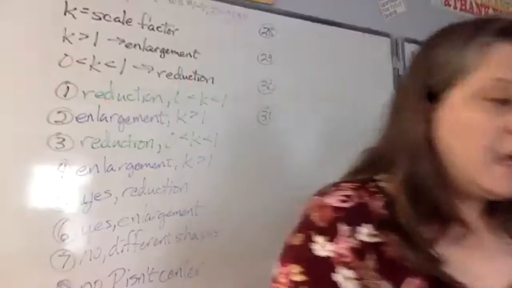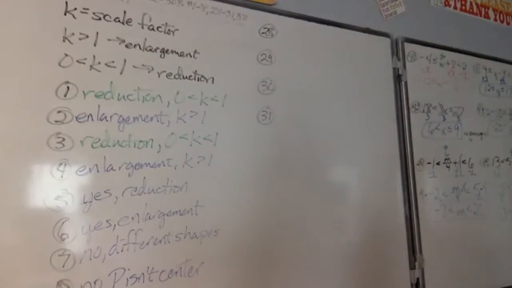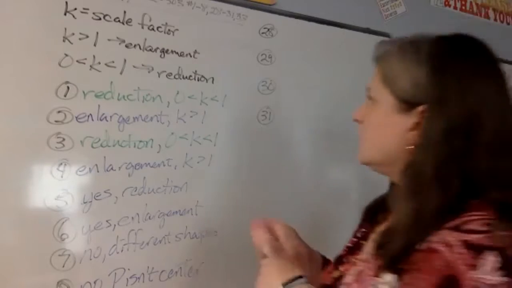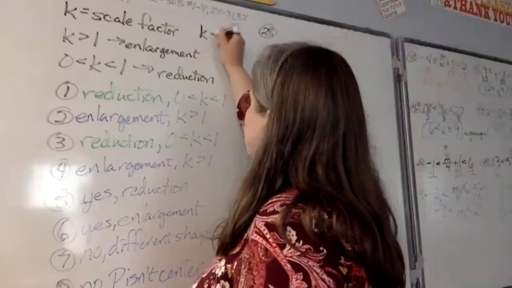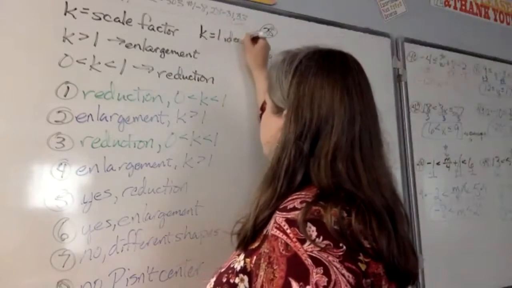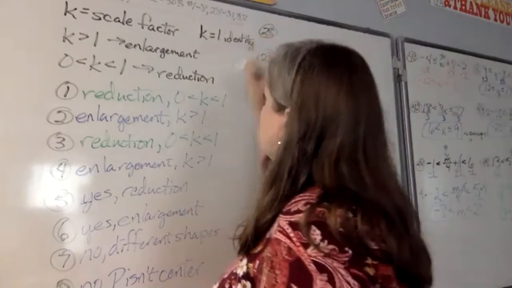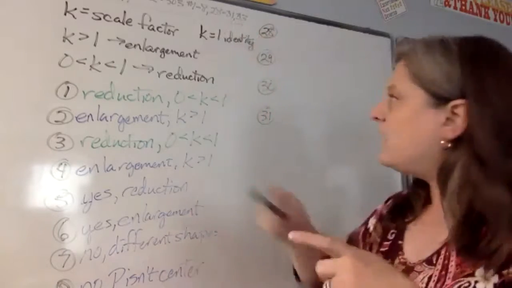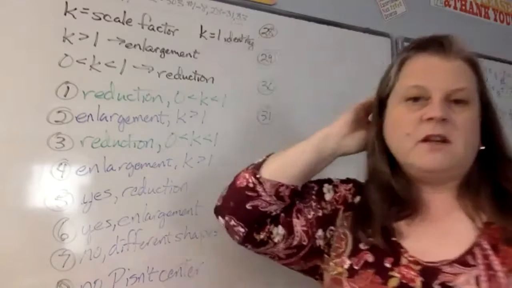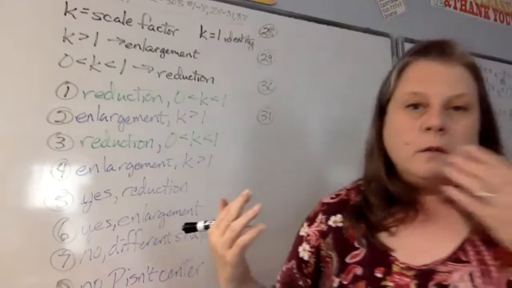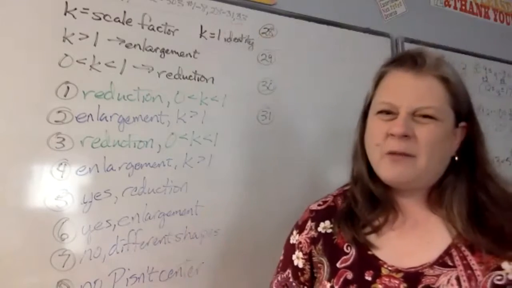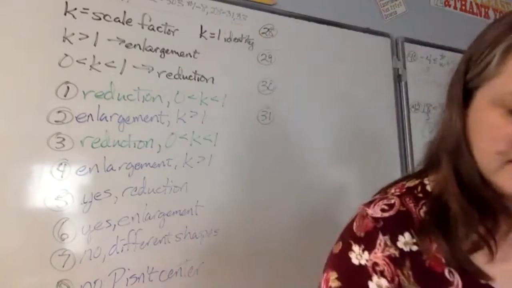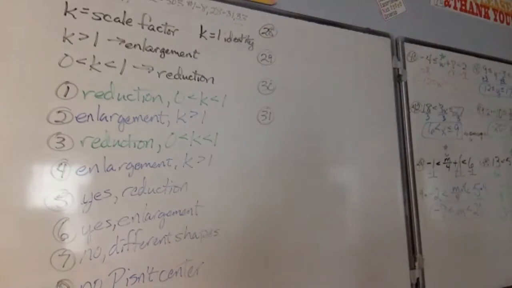If K equals 1, it's an identity. Those are our 3 main ones, but you don't have the identity very often, just like you don't have an identity transformation very often. We had 1 or 2 of those in yesterday's stuff, but you don't see it very often.